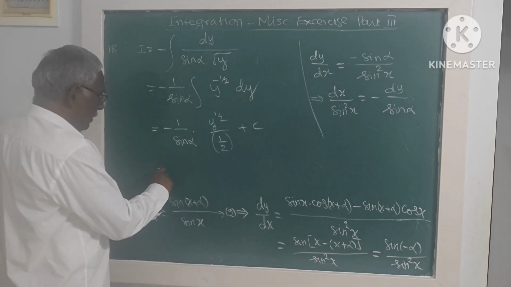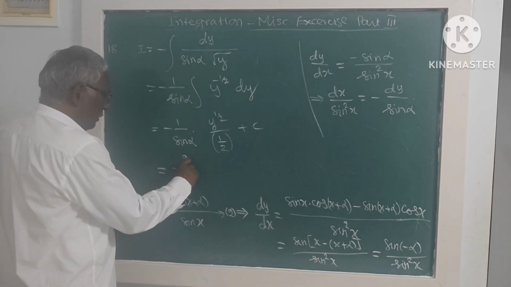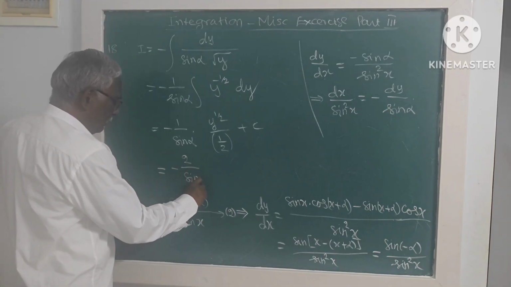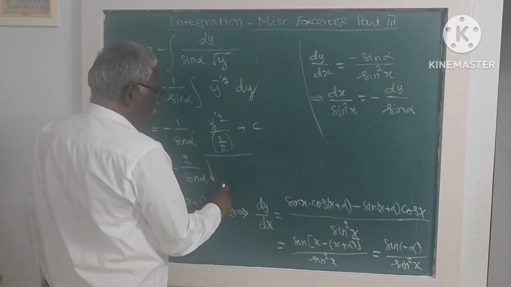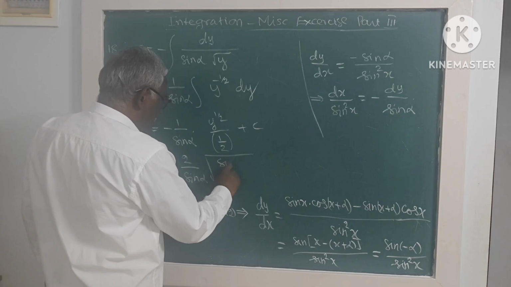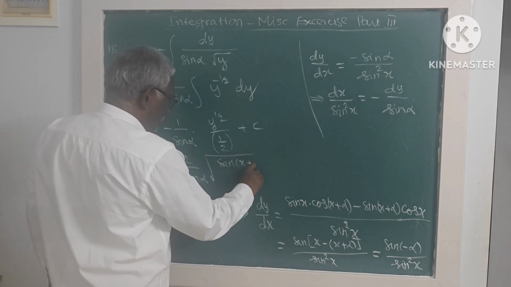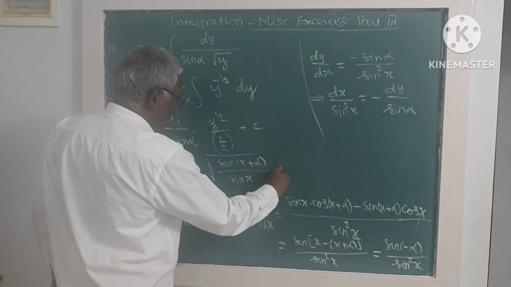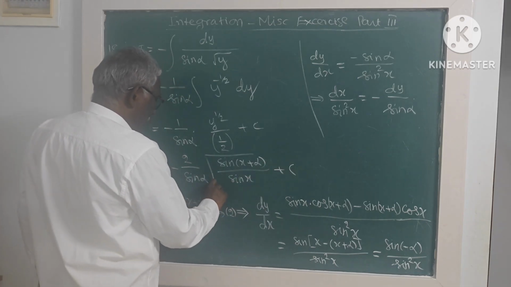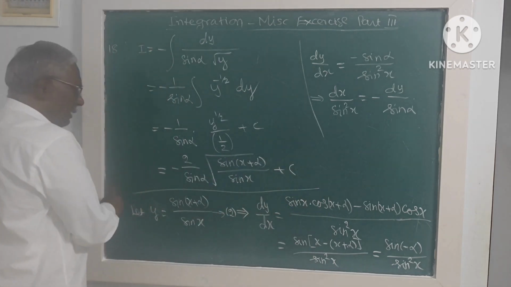So this becomes now minus 2 by sin alpha square root of y. Y is nothing but sine of x plus alpha by sine x, plus constant. So this is the answer.